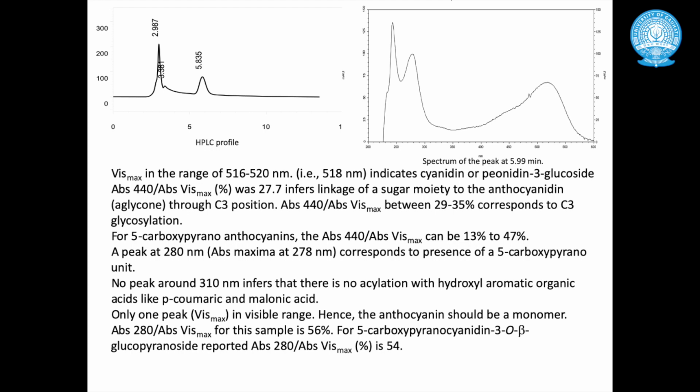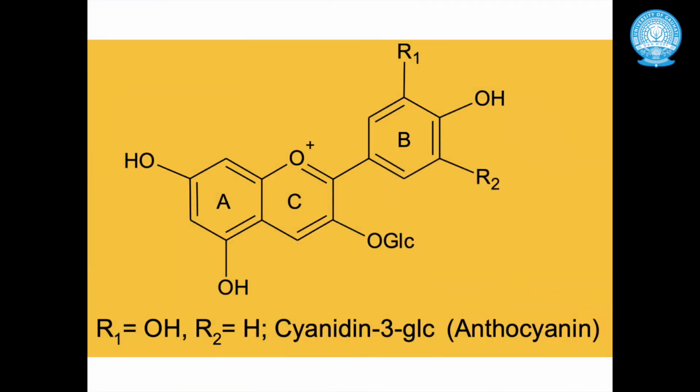The structure shown here is cyanidin 3-glucoside, which is nothing but 3-O-beta-glucopyranoside, whose reported ratio of the maximum absorbance at 280 nanometers and maximum absorbance in the visible range is 54.